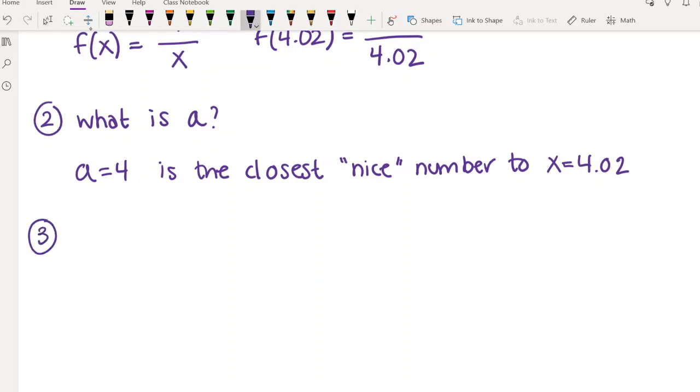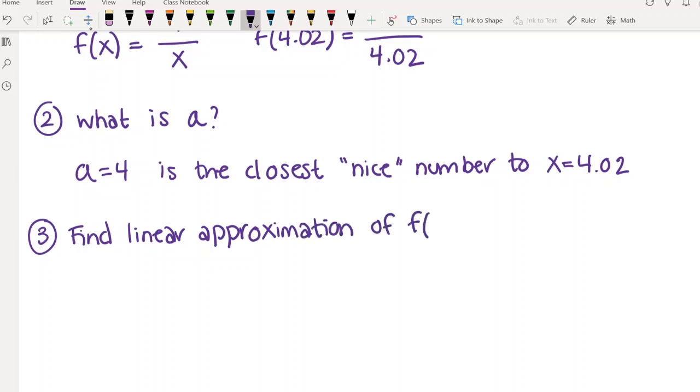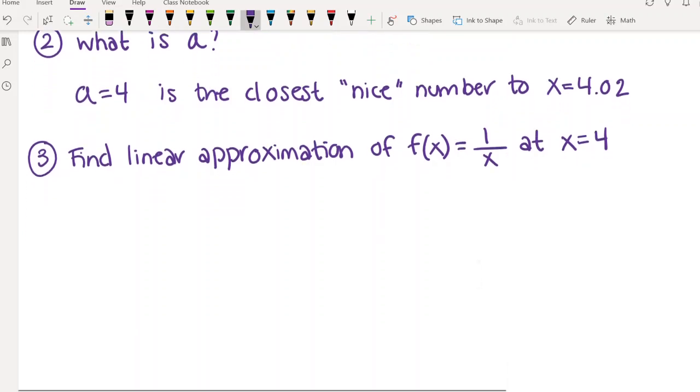So now what we're trying to do is find the linear approximation of f of x is equal to 1 over x at x is equal to 4. So that just means finding the equation of the tangent line.